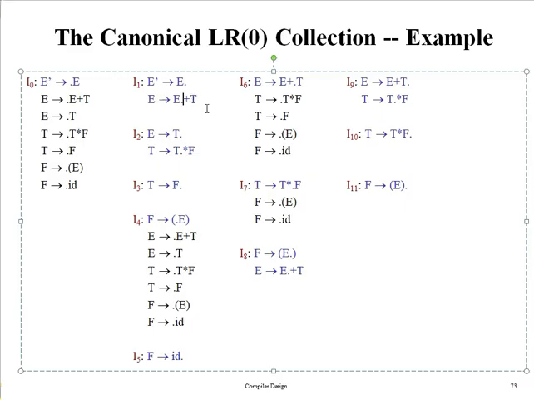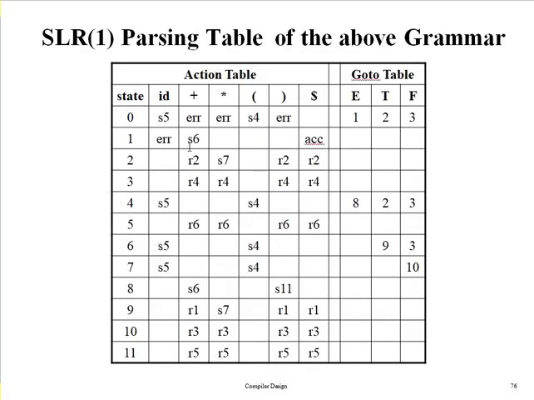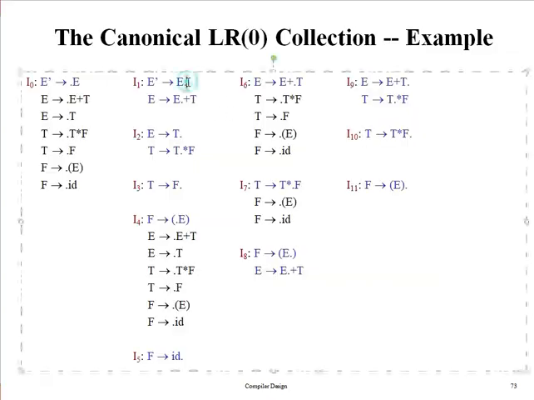As I6 is generated from I1, we fill S6. That's why we added S6 here. And why did we add accept? Because this final item is the one we used for augmenting the grammar.